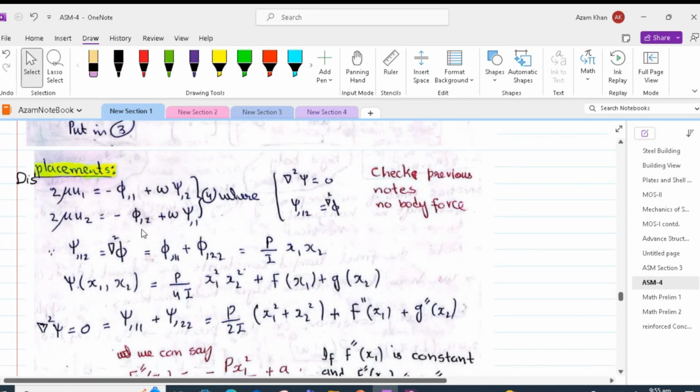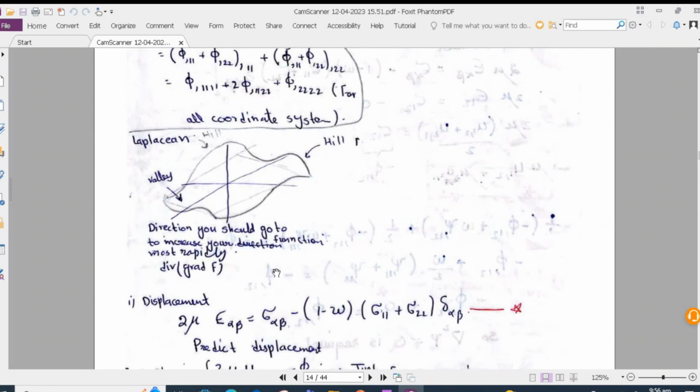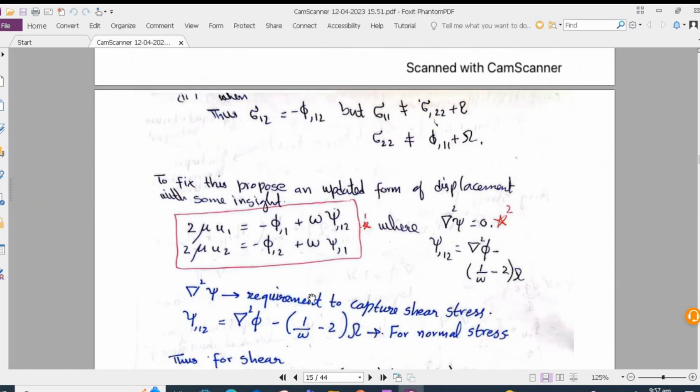Now we can derive our displacements. We came up with a proposal for our displacements while discussing the stress formulation. And we said that 2 mu u1 equals minus phi comma 1 plus omega psi comma 2, and 2 mu u2 is equal to minus phi comma 2 plus omega psi comma 1.